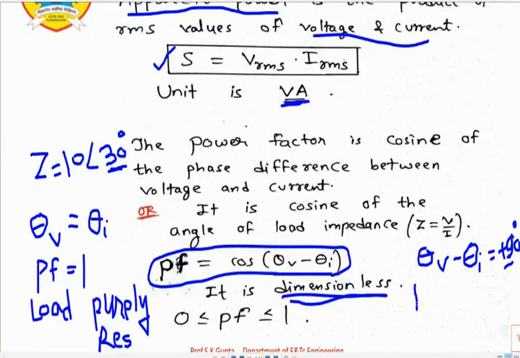So your power factor value is 0. And when the power factor value is 0, then in that case your load is purely reactive in nature.